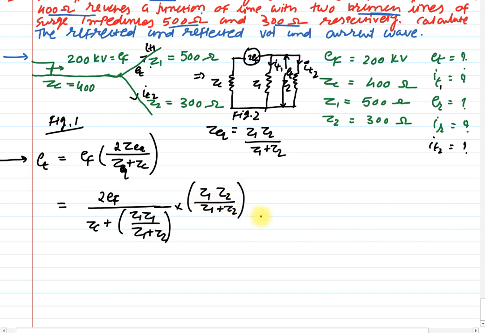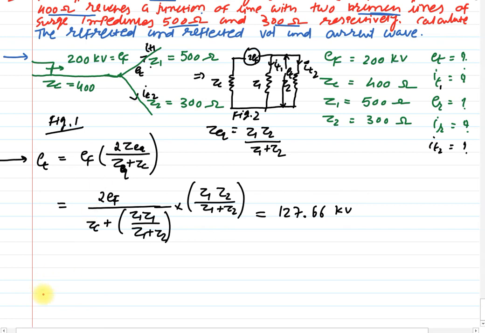Clear? So just substitute the values in this equation, and you will get the final answer 127.66 kV. Clear? That is the magnitude of the refracted voltage wave.